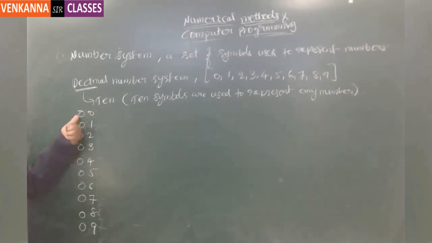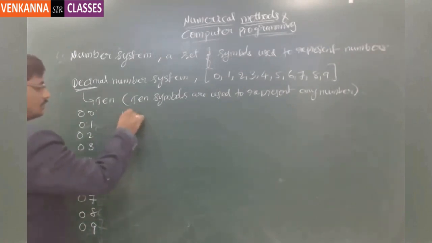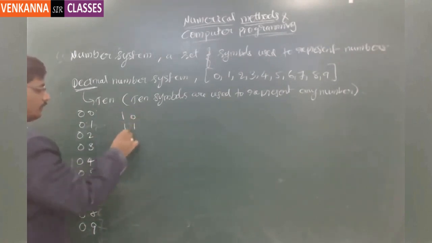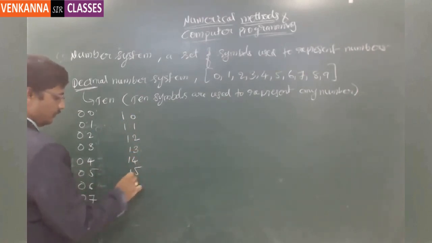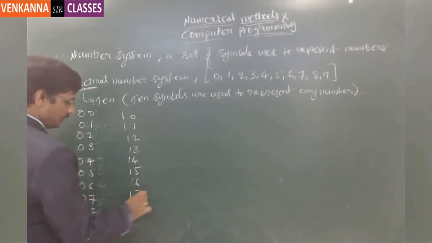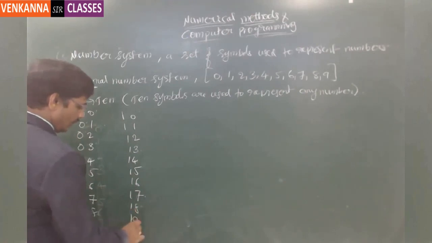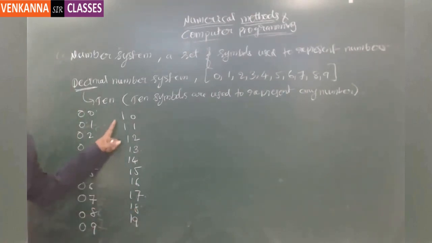Now I have used the first symbol here. As I have counted all the symbols, I can keep the next symbol coming after 0 and repeat the same numbers again to get unique numbers. So that is 10, 11, 12, 13, 14, 15, 16, 17, 18, 19.